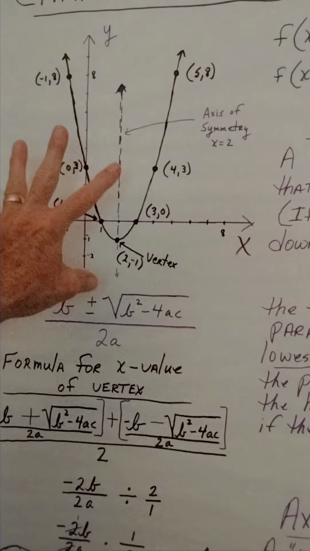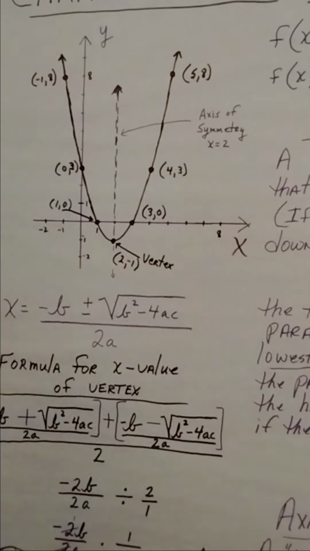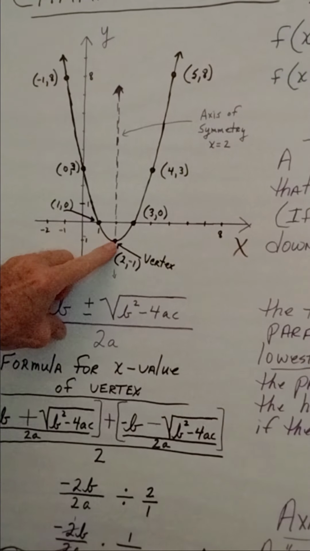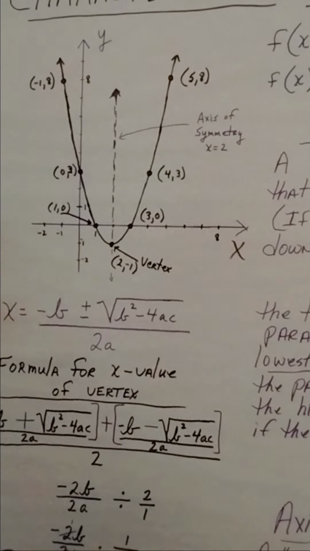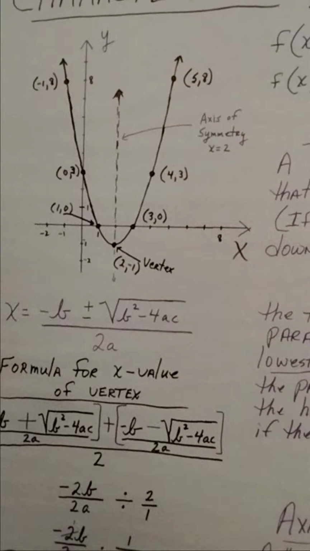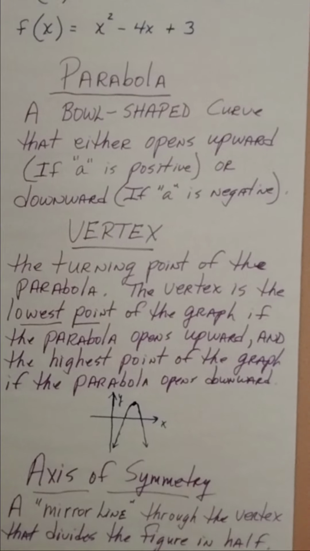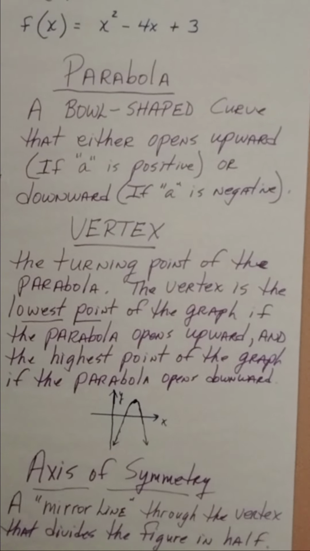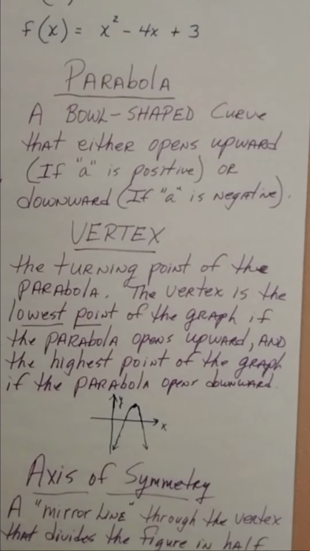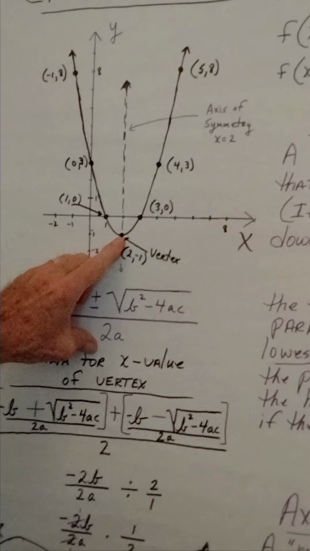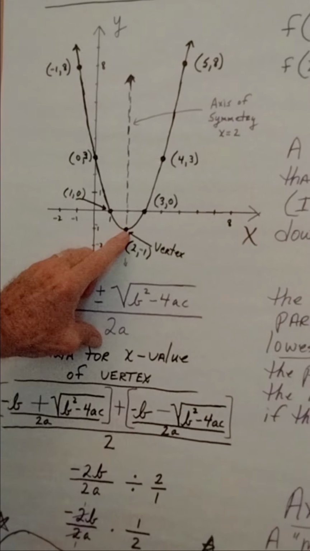If the parabola opens upward, the vertex is the lowest point of the graph.